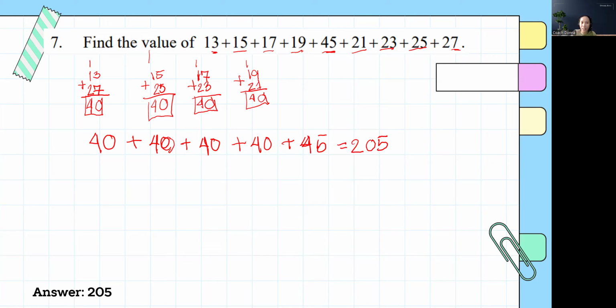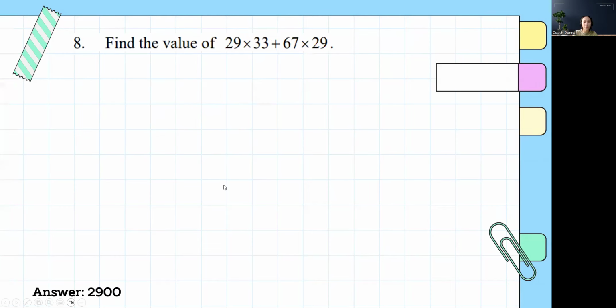Let's proceed to number 8. Okay, for number 8, we have here, find the value of 29 times 33 plus 67 times 29. So notice, we're just multiplying 29 to both of 33 and 67.